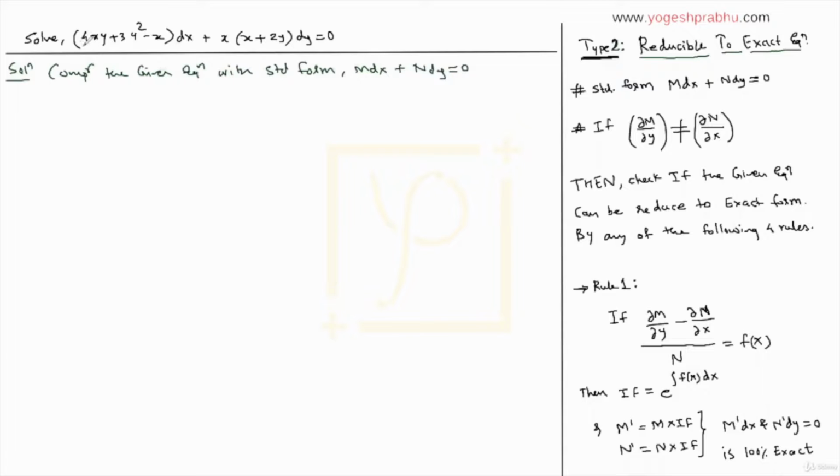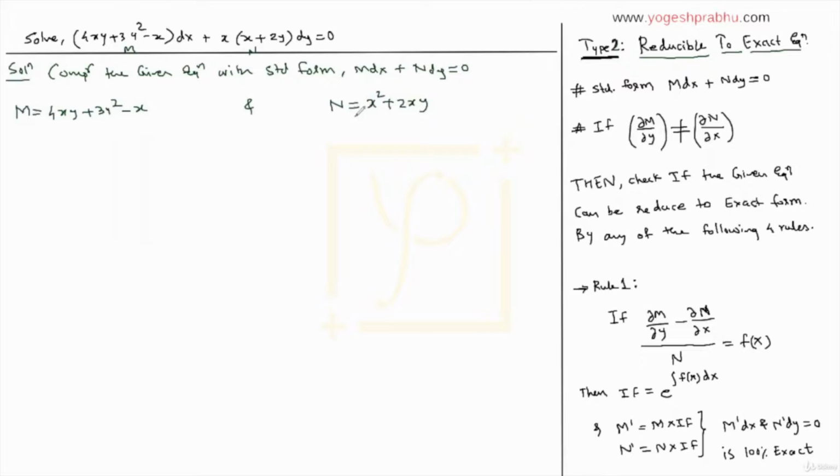When we compare that, we get this as M and this is N. So M is equal to 4xy plus 3y square minus x, and the value of N, I'll just multiply this x inside, is x square plus 2xy.